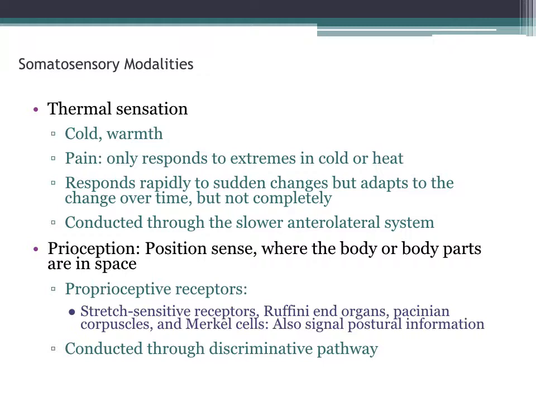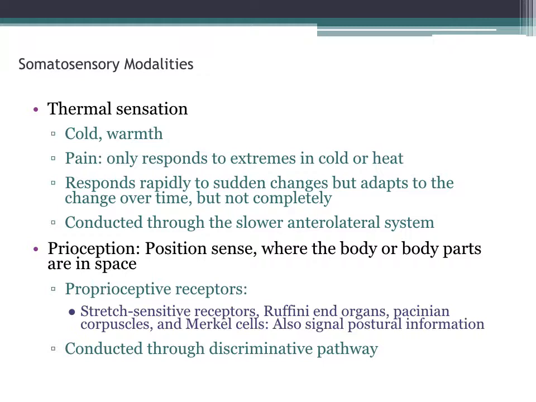And then over the next couple minutes, as they're sitting in there, their body gets used to that really hot water. It's not that they aren't aware that it's still hot, but they don't perceive it as being as dramatic as when they first got into it. These are conducted through the slower anterolateral system, which is why we don't have this instant, almost reflexive movement to get away from this cold or hot perception.